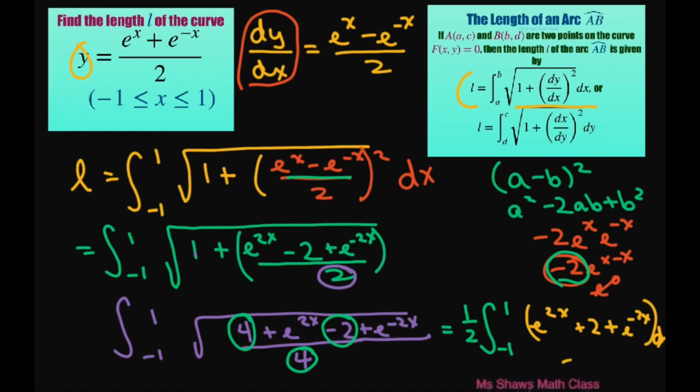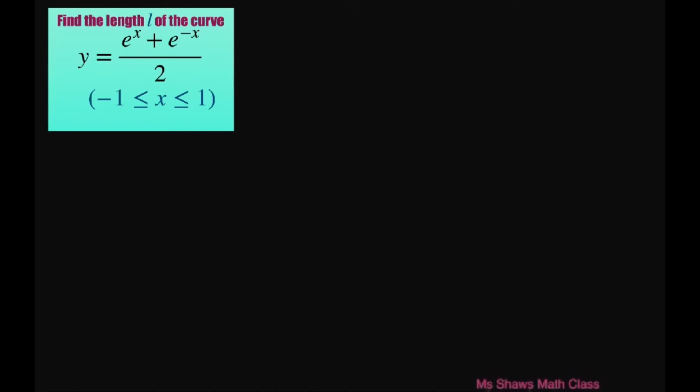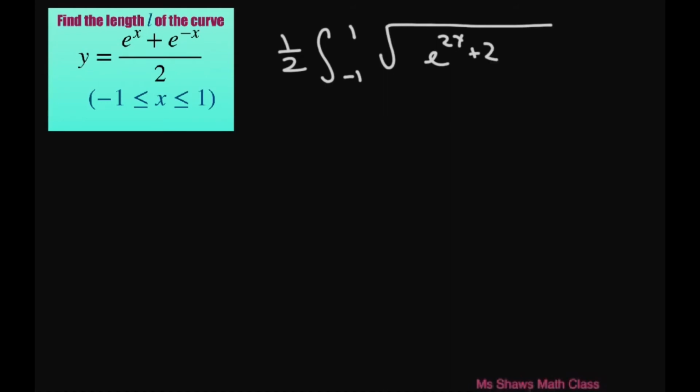I'm going to write it again. Let me write it again. We're going to have 1/2 times the integral from -1 to 1 of the square root of e^(2x) plus 2 plus e^(-2x) dx.